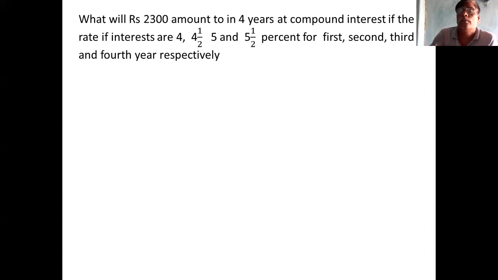There are 4 rates of interest for the first, second, third, and fourth year respectively. 4% rate of interest is applicable for the first year. 4 integer 1/2% is applicable for the second year. 5% is applicable for the third year, and 5 integer 1/2% is applicable for the last year, the fourth year.